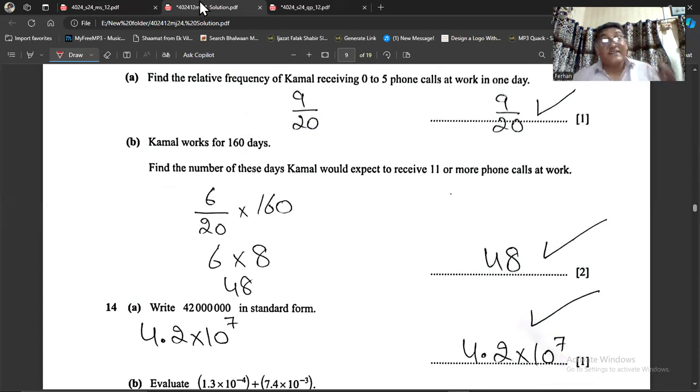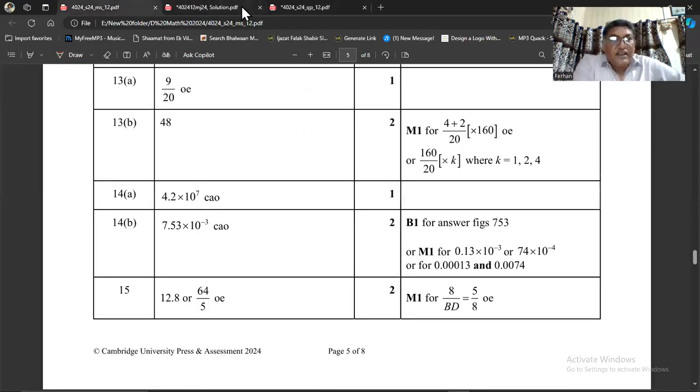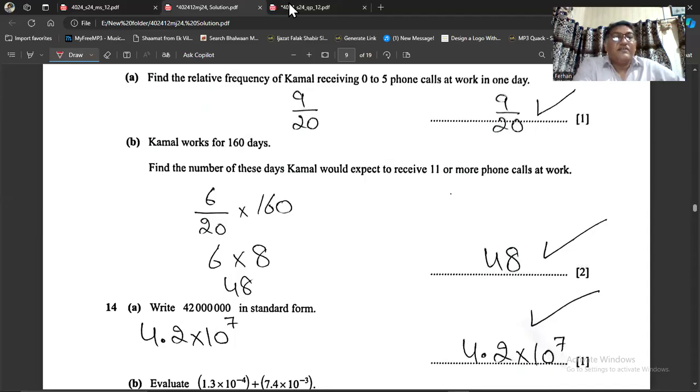This happens on 6 days out of 20 days. So out of 160 days, how many days will this happen? 6 by 20 multiplied by 160. So it will be 6 into 8, and that is 48. So on 48 days, this will happen. And our answer is right.